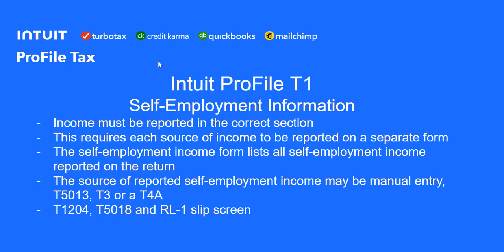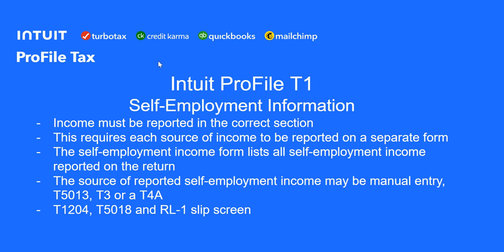What I'm going to cover here is incomes must be reported in the correct section. So if it's business income, it has to be in the business income of the T1. Each source of income has to be reported separately. There is the self-employment form, like I showed, and it shows all the different entries for all the self-employment section.